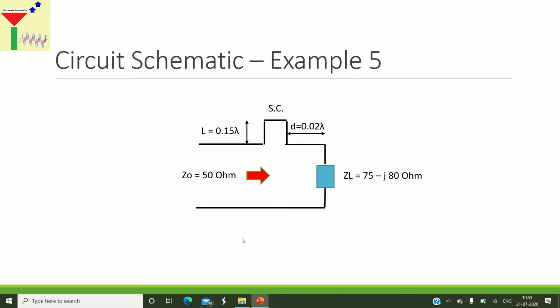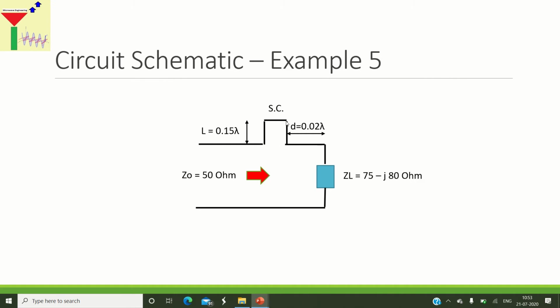We have the load impedance 75 minus j80 ohm, matched with a 50 ohm transmission line on the left-hand side. For that purpose, we insert a series short circuit single stub between the load and the transmission line.